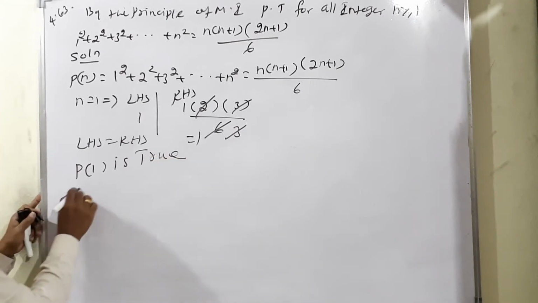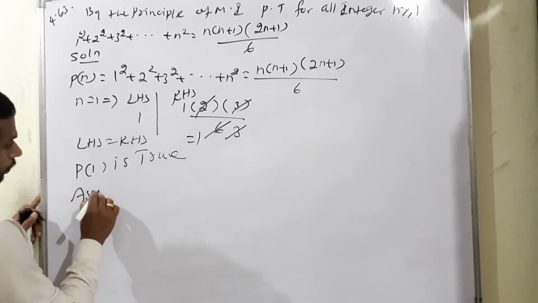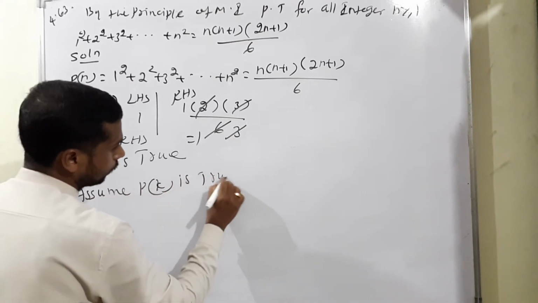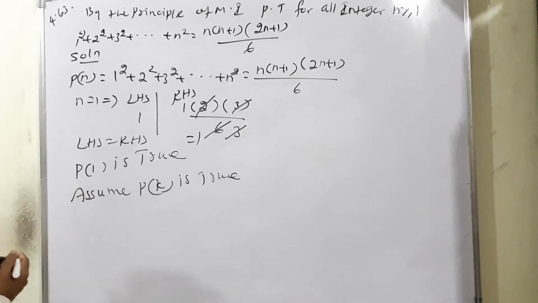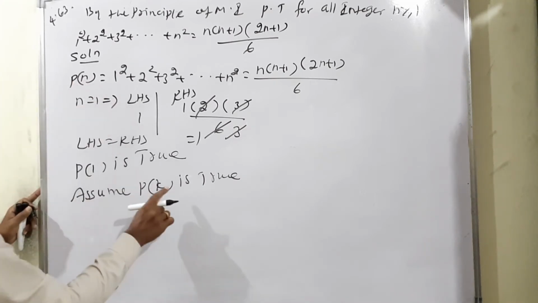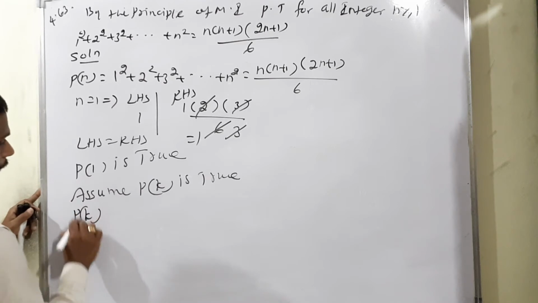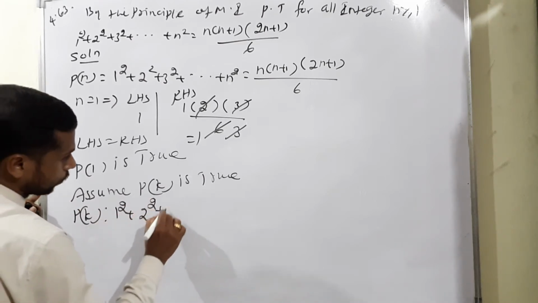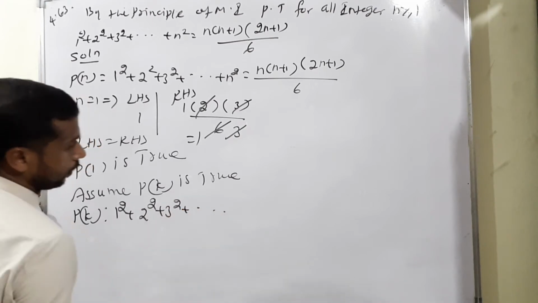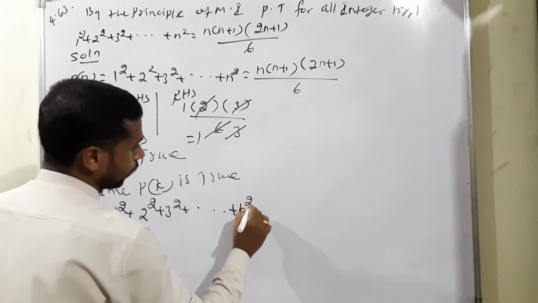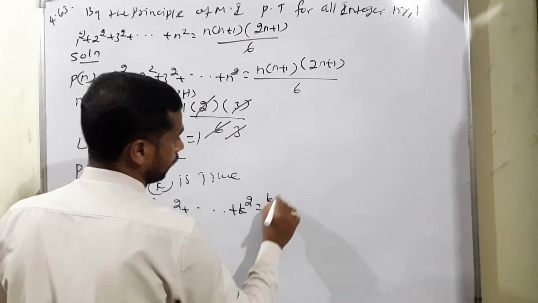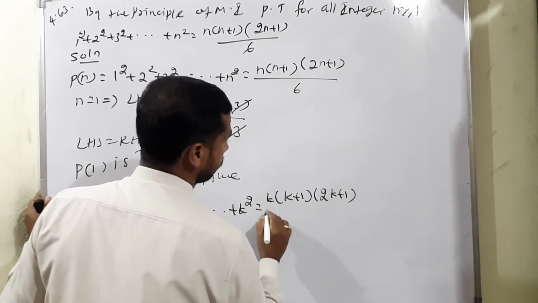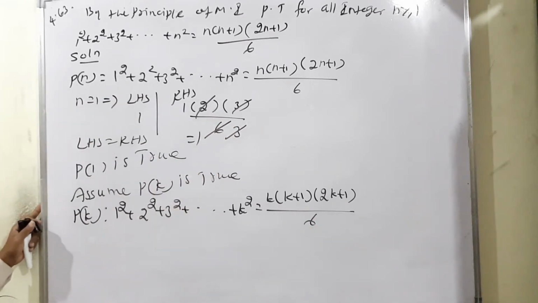So next step, assume P of k is true, isn't it? Assume P of k is true means instead of n we have to take k. Therefore P of k means 1 square plus 2 square plus 3 square dot dot dot plus k square is equal to k into k plus 1, again 2k plus 1 divided by 6.